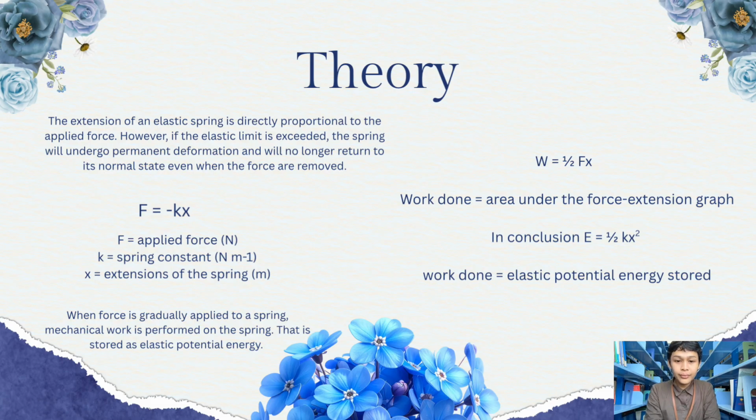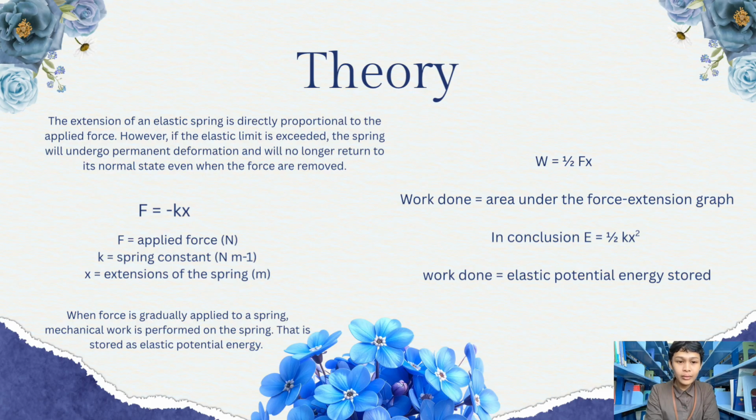On the left, the formula F equals negative kx defines this relationship, where k is the spring constant and x is the extension distance. When force is applied, mechanical work is done on the spring and stored as elastic potential energy.